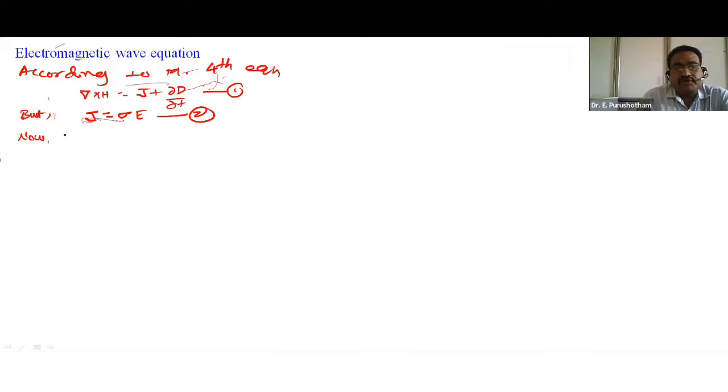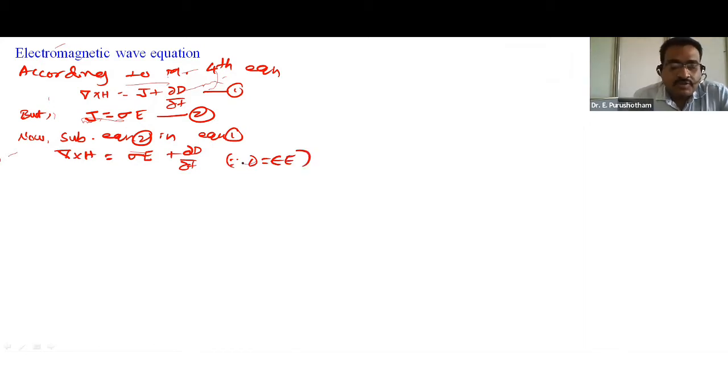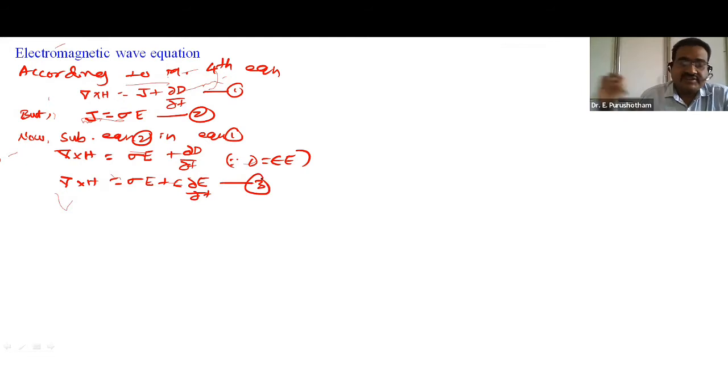Now just substitute equation 2 in equation 1. So curl of H is equal to, in place of J, sigma E, remaining dou D by dou T. But we know very well D is equal to epsilon into E. So curl of H is equal to sigma E plus epsilon into dou E by dou T. Let this be equation number 3.